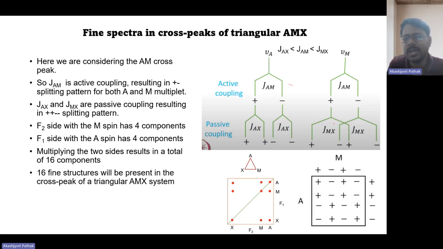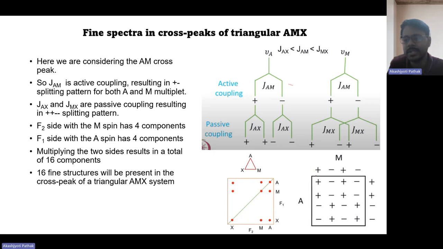Because the MX coupling is greater than the AM coupling, the splitting of this AM peak by the X spin will result in the insertion of this spectra into the MX splitting, and thus you will have this pattern plus minus plus minus.